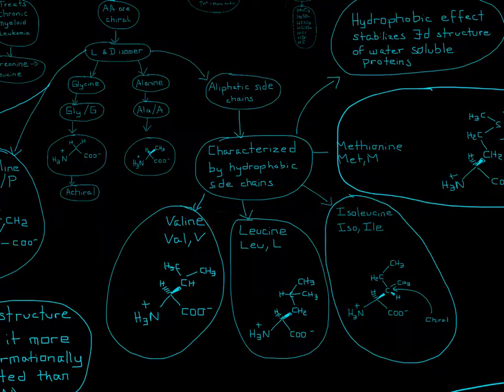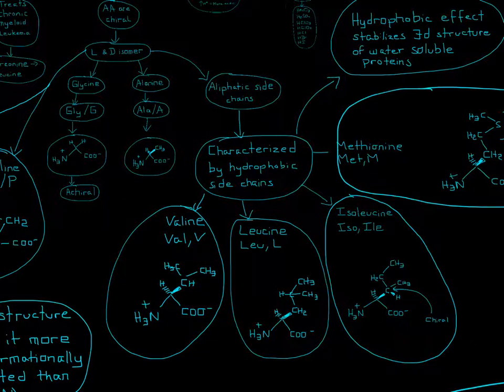For valine, it's VAL and then V for its 3-letter and 1-letter abbreviations. For the actual structure, we have the traditional 3 groups, and then on the side chain is the CH, and then it divides into 2 methyl groups. How I remember it is it's just like a V, because for valine you have a V sticking off the side chain.